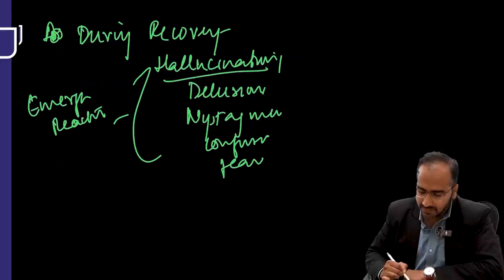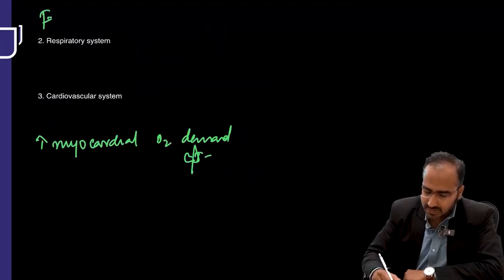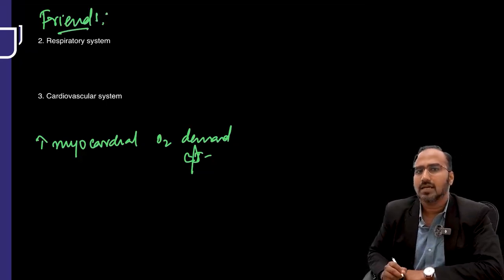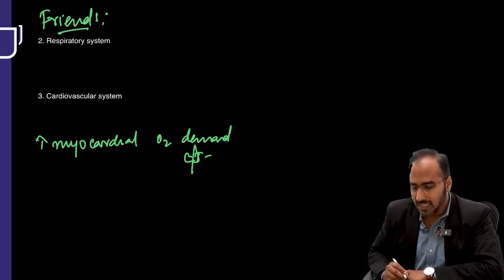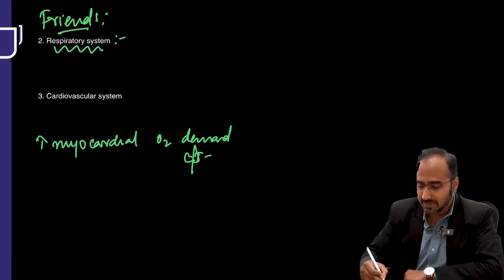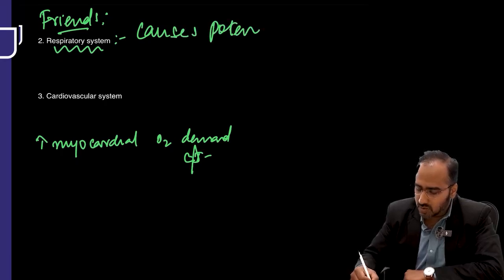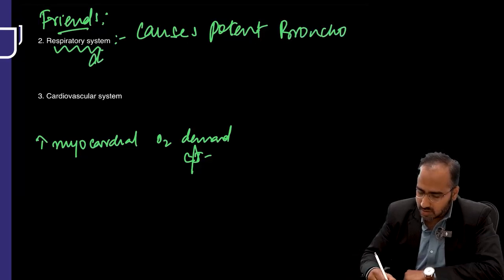Then I told you ketamine is a friend of other systems. What other systems? Friend of other systems. In that we need to remember respiratory. What does ketamine do to the respiratory system? Ketamine, as it is a friend, causes potent bronchodilation.